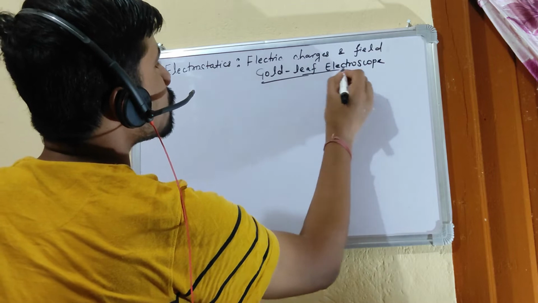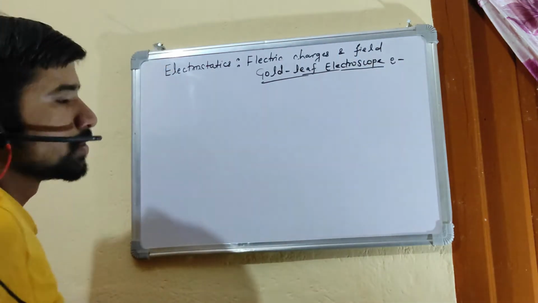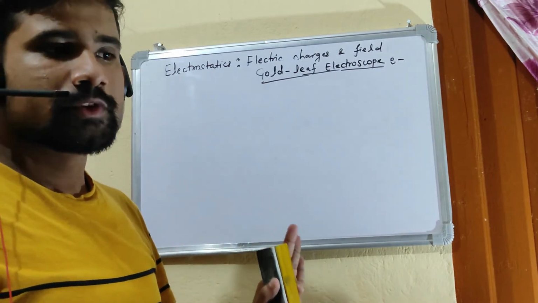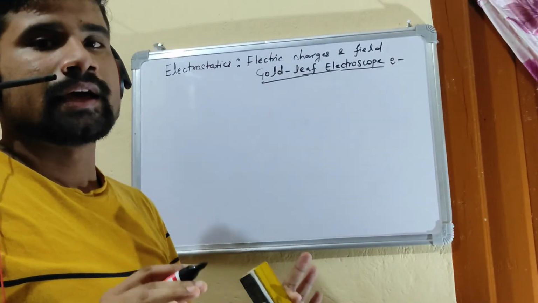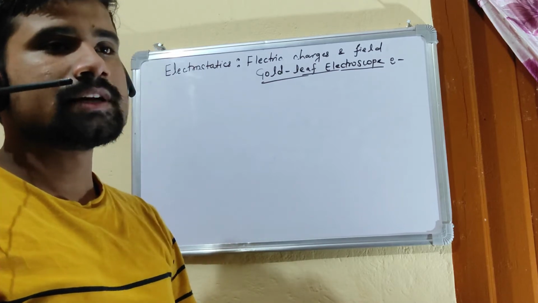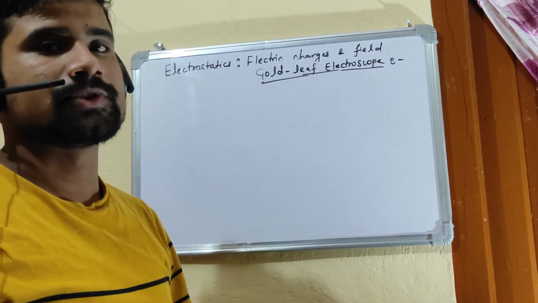So gold leaf electroscope, so it basically tells me that there is an instrument which has some leaves which would be the indicator of a charge on the object, the concerned object.